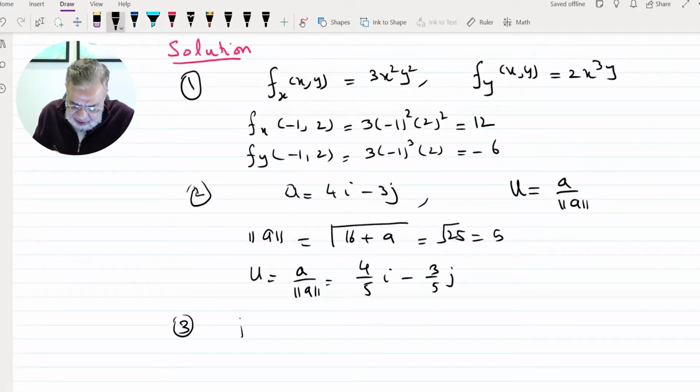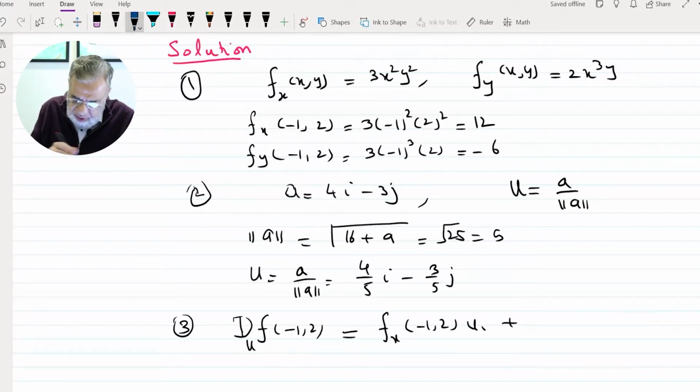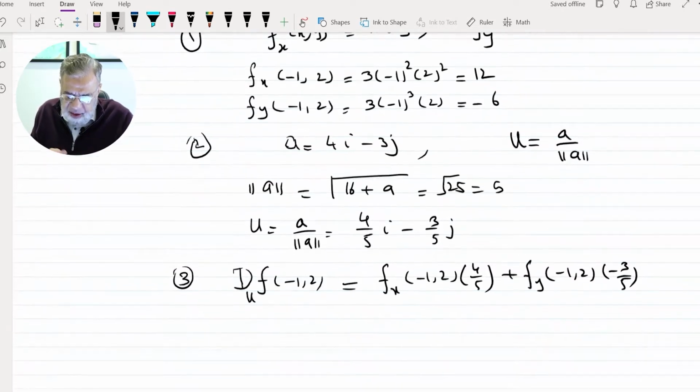The directional derivative of the function at the point (-1, 2) along the unit vector u is equal to f of x at the point (-1, 2) times u1, and u1 I have already calculated, so I can put the value, 4 over 5, plus the partial derivative f of y at the point (-1, 2) times u2, that is minus 3 over 5.